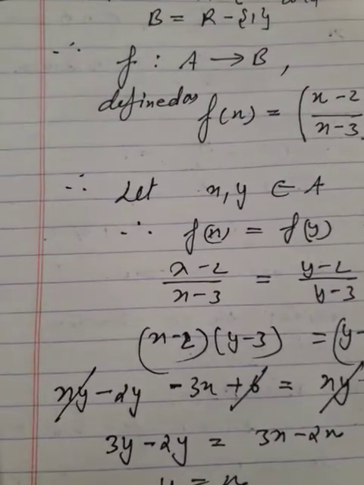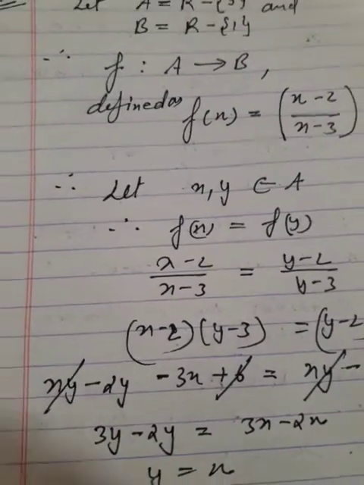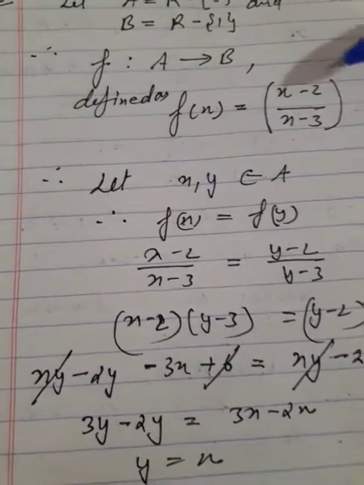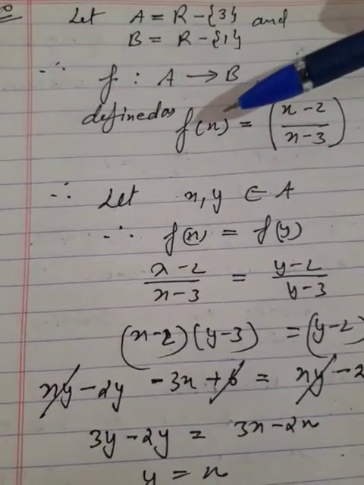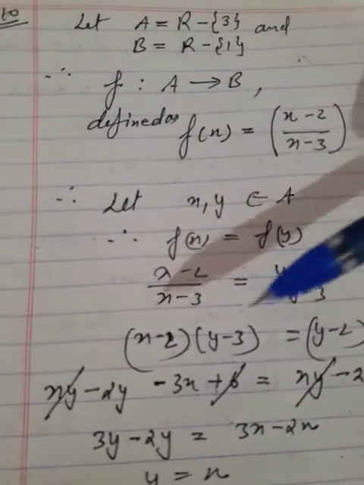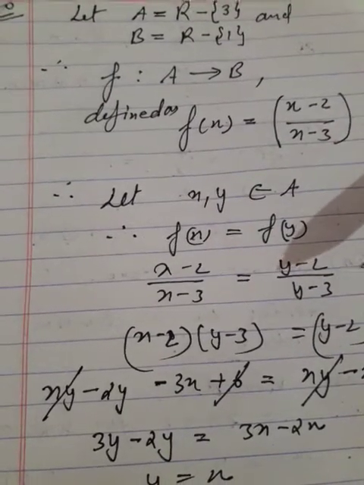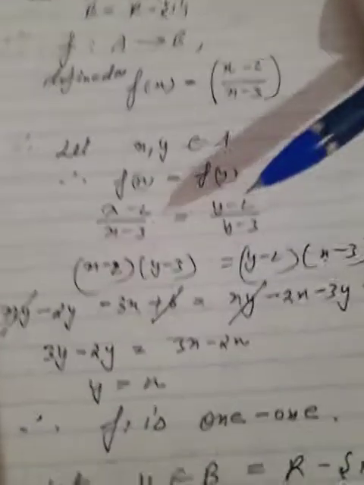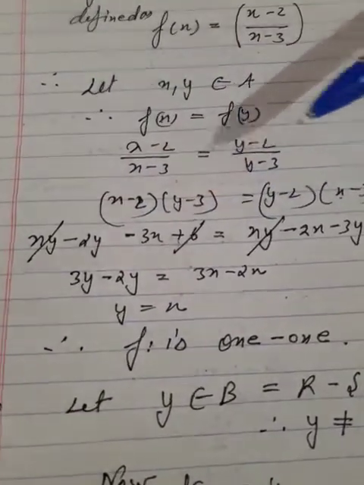So if f(x) equals f(y) we have taken, then as per the definition of the function, (x minus 2) upon (x minus 3) will be equal to f(x), and f(y) will be (y minus 2) upon (y minus 3). Now simplify this and try to find the relation between x and y.